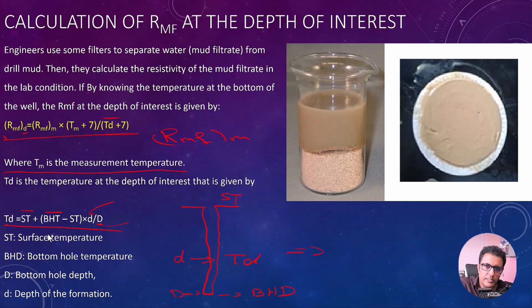We have surface temperature, we have bottom of the borehole temperature, the depth of the bottom of the borehole, that is capital D, and then we have the depth of the formation, that is lowercase d, and using this equation we can easily calculate that.